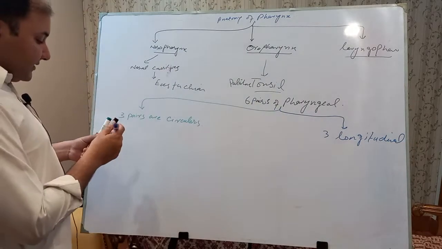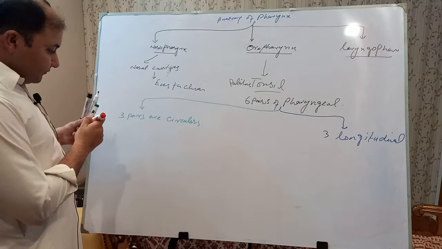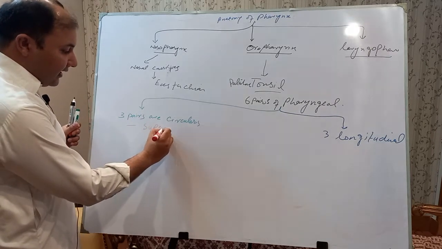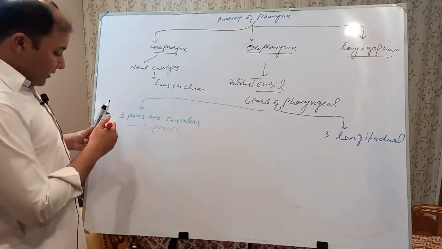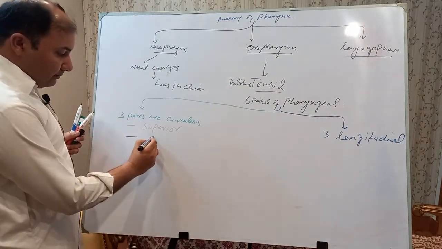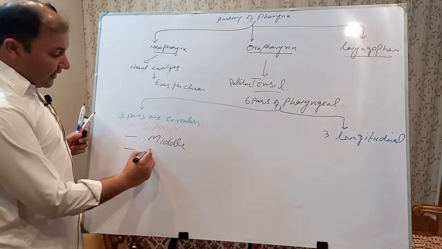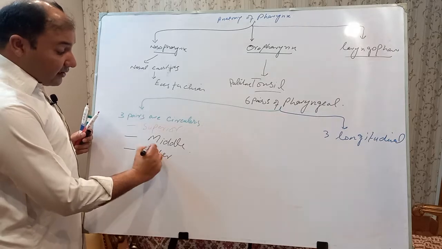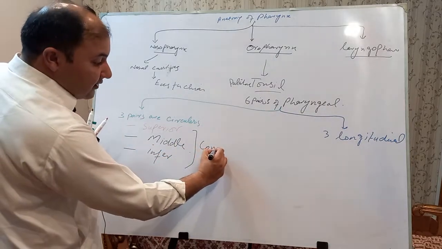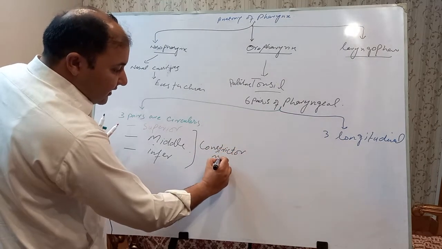These circular muscles are, very easy, number one the superior, number two the middle, number three the inferior constrictor muscles. These are the three constrictor pharyngeal muscles.